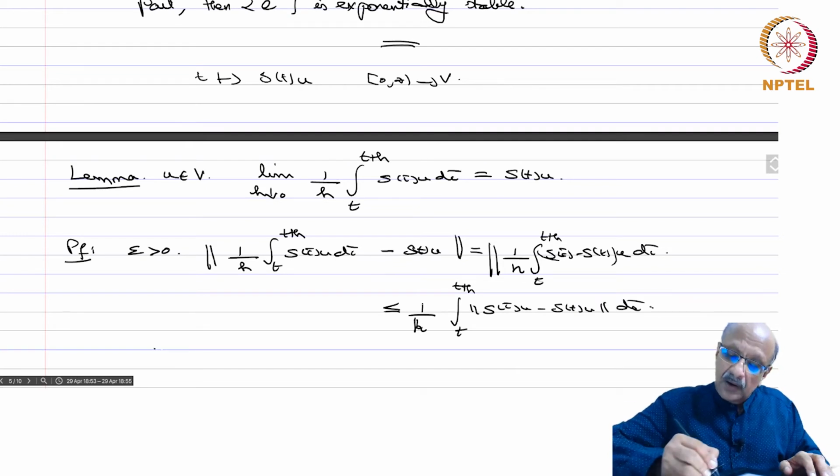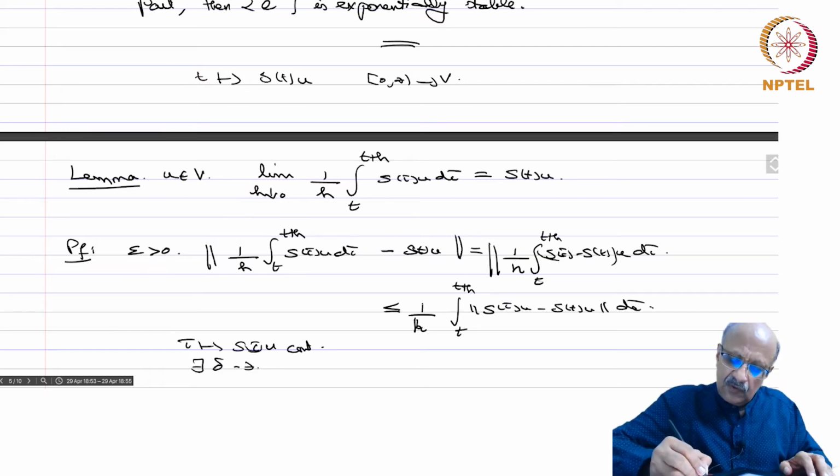Okay. But you know that tau going to S tau of u is continuous. Therefore, there exists a delta such that if tau minus t is less than delta, we have norm of S tau of u minus S t of u is less than epsilon.